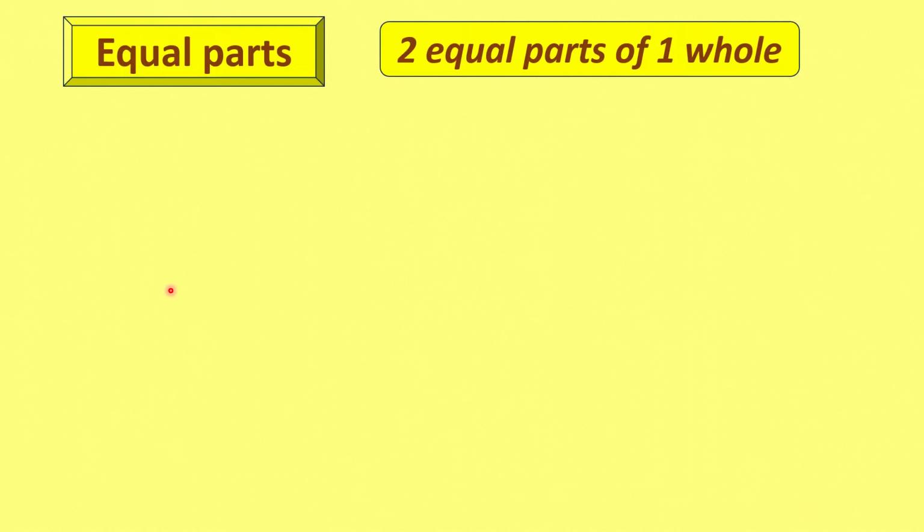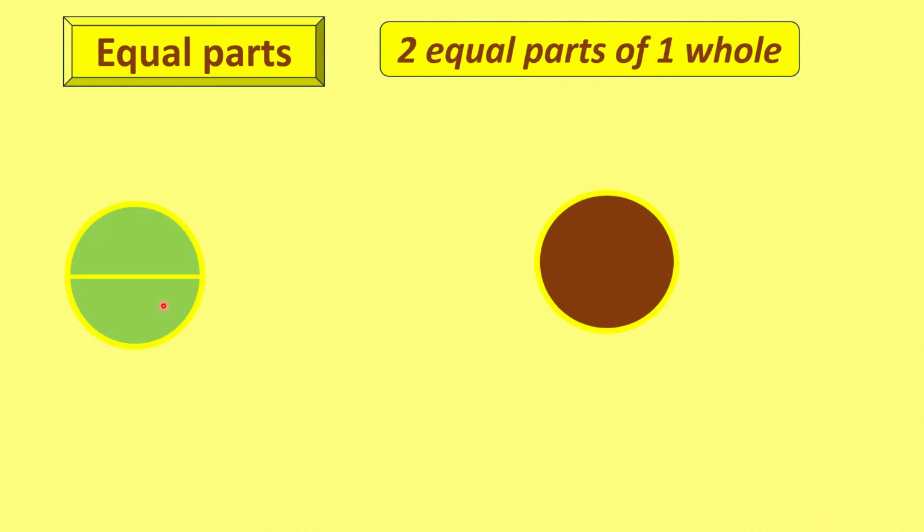Like again we take a circle and cut it at the middle, so the first part is here and the second part is here, and both look like a half moon, bacha. But both look the same.